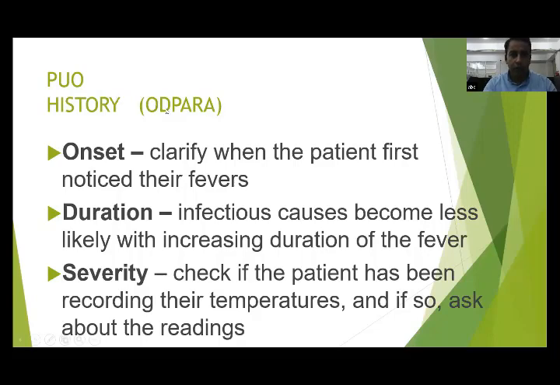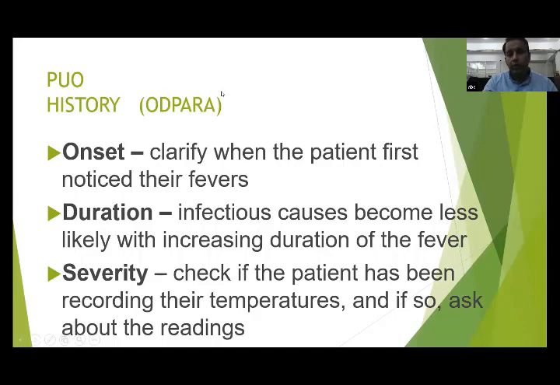Onset, duration, progression, association, precipitating factor, and aggravating factor. Write this formula on your history sheet and ask questions about onset, when the patient first noticed the fever, and duration, how long the patient has been suffering from fever.